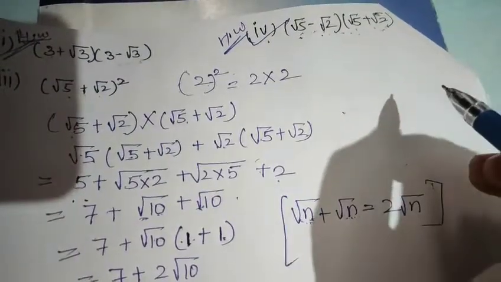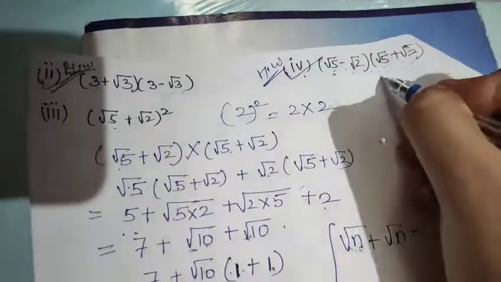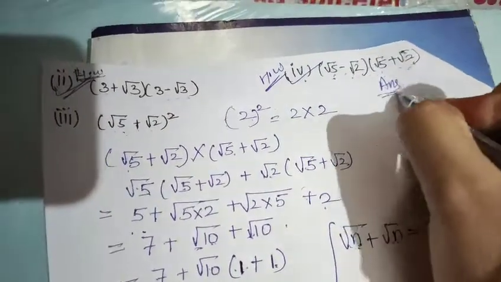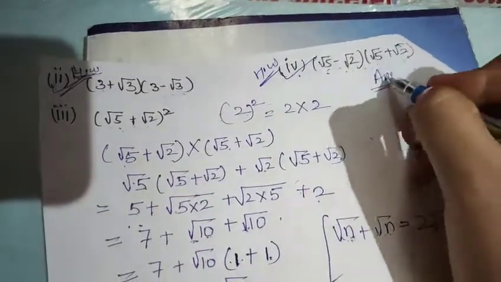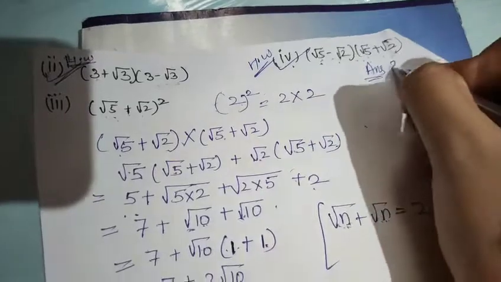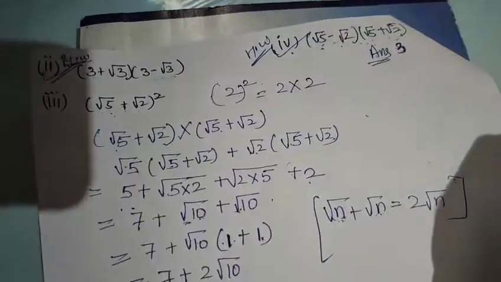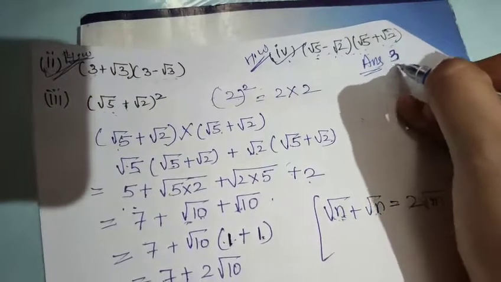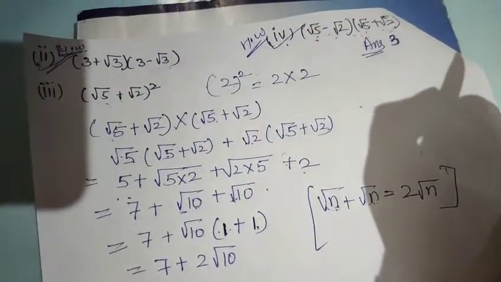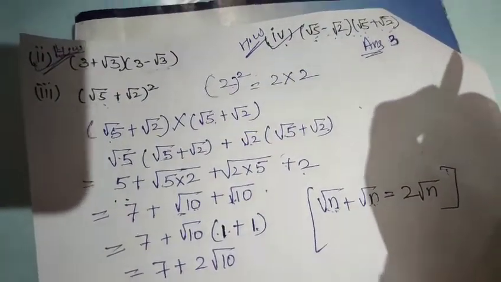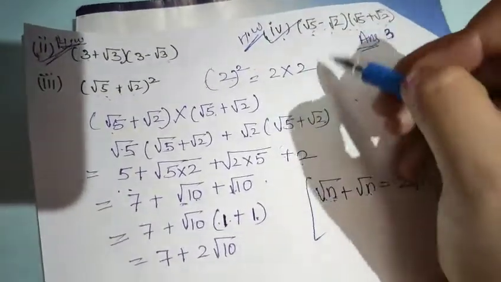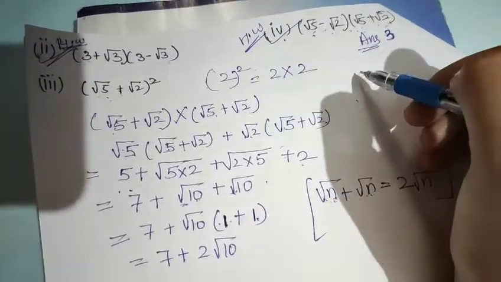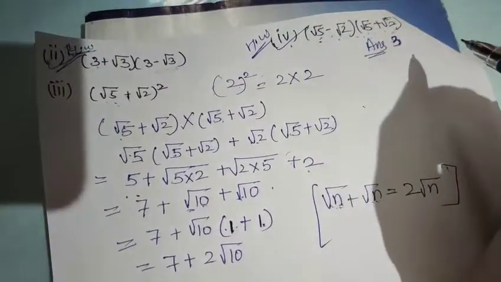You will get the answer. For your hint, I am giving you that the answer will be coming 3. Try to solve it. Answer should be coming 3. Okay. If there will be any doubt, ask in the group. I will discuss this question there only.